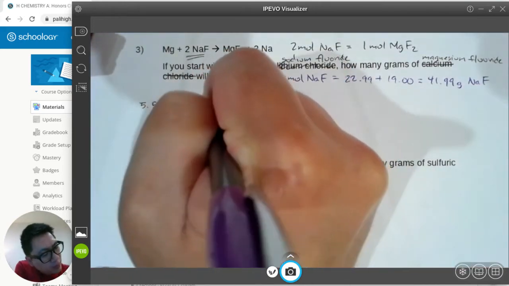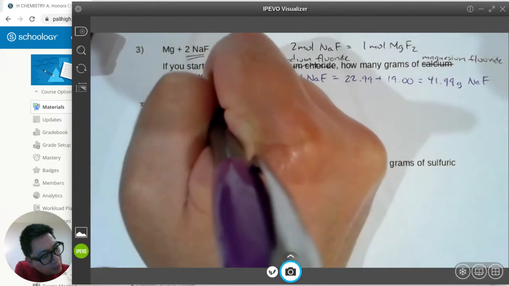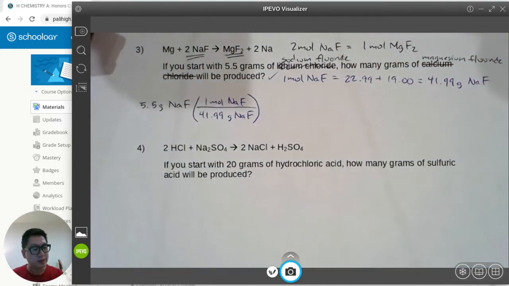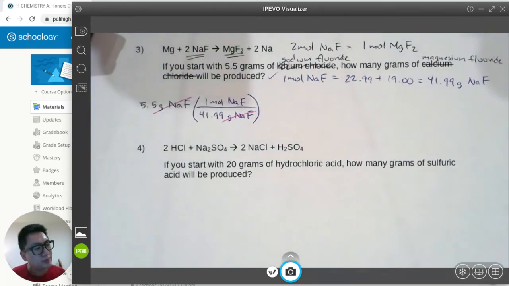There's 41.99 grams of sodium fluoride in 1 mole of sodium fluoride. Notice grams of sodium fluoride cancel. Now I just have moles of sodium fluoride.